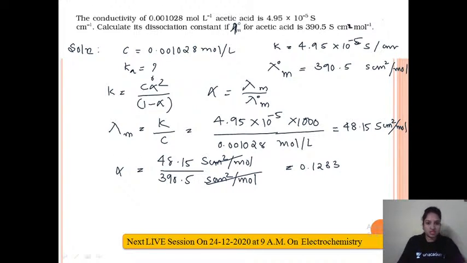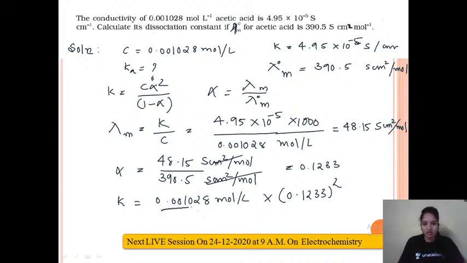Then the dissociation constant is C into alpha square upon 1 minus alpha. The C value is given in the question, 0.001028 mole per liter, into alpha square. The alpha value is 0.1233, squared, divided by 1 minus 0.1233.